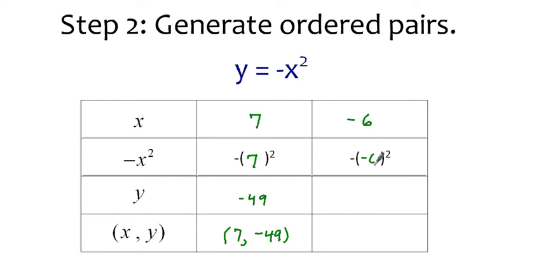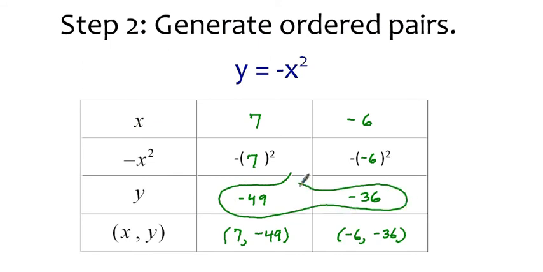Put negative 6 for x. Negative 6 squared is positive 36. So the answer is the opposite of that, which is negative 36. So the ordered pair negative 6, negative 36 is also on the graph. Notice that in both cases we end up with negative values. In fact, all the values of this function will be negative.